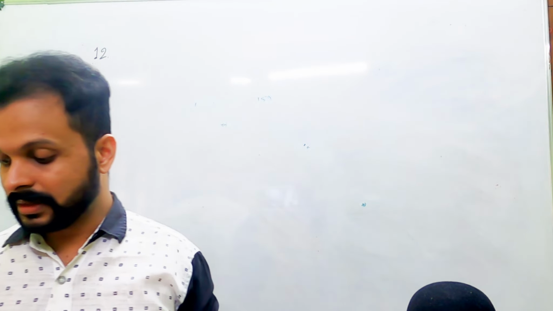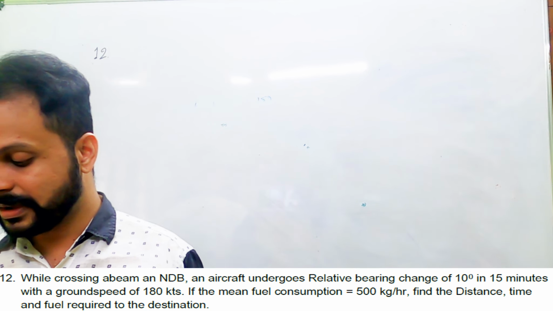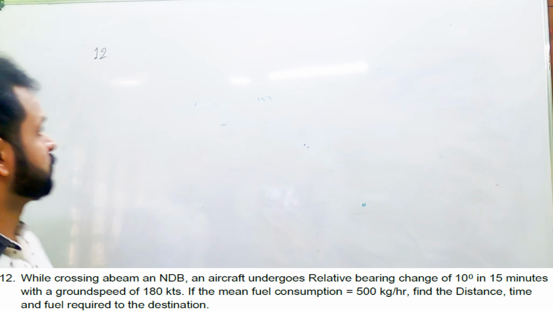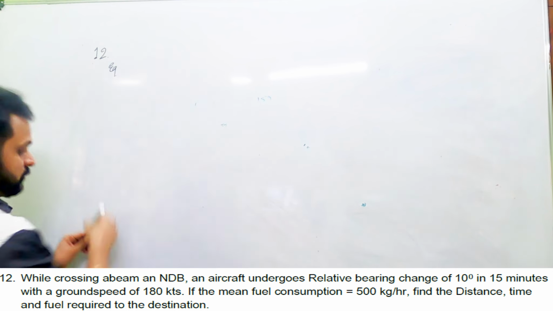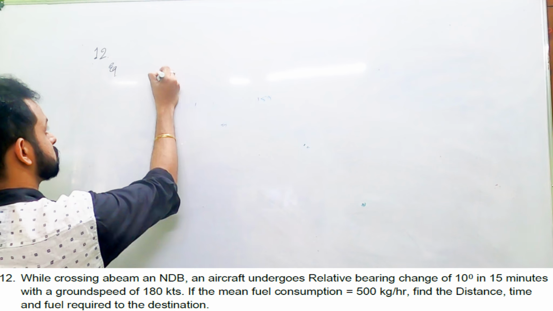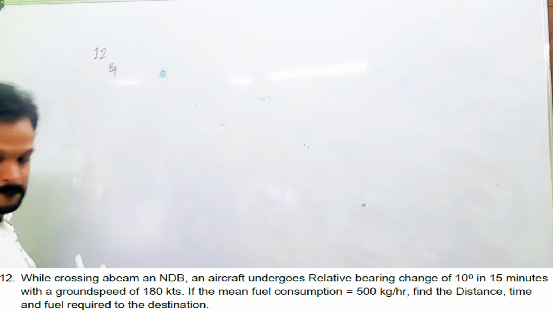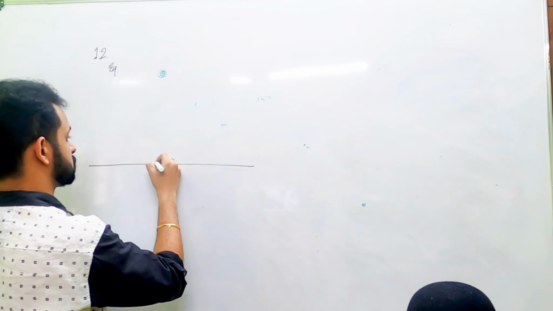Now while crossing an NDB beam, an aircraft undergoes a relative bearing change of 10 degrees in 15 minutes. Let's consider a random example before we look into that particular question. Imagine I have an NDB here, and my track is like this.